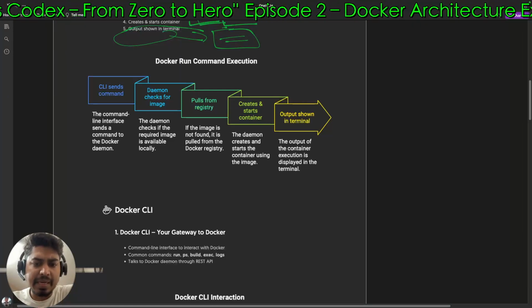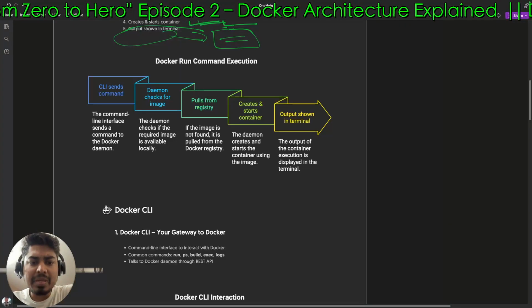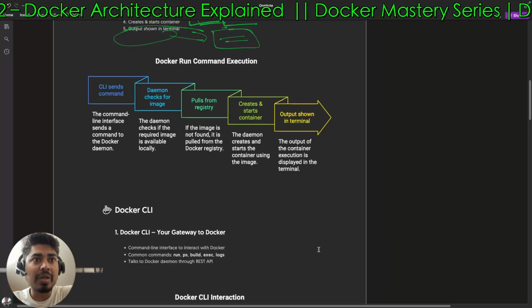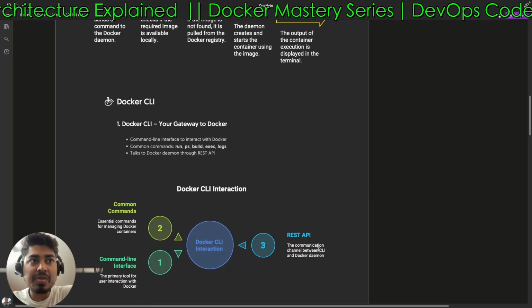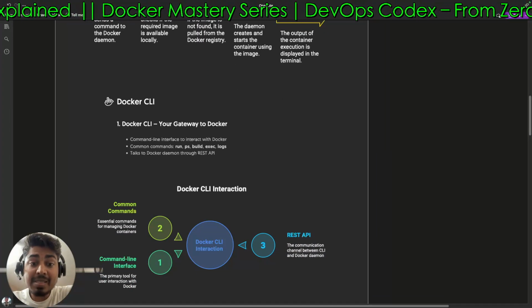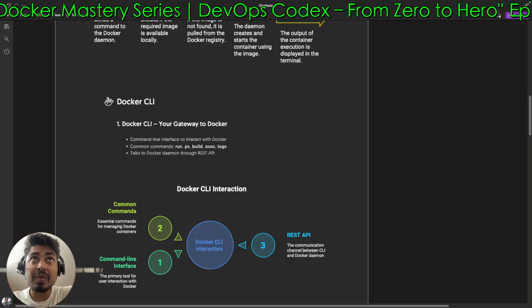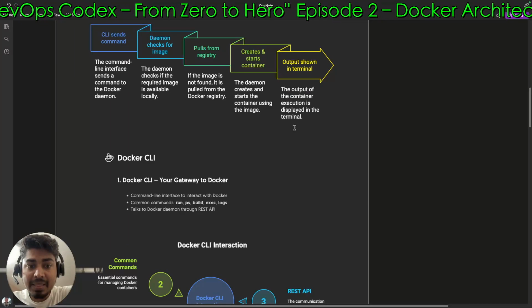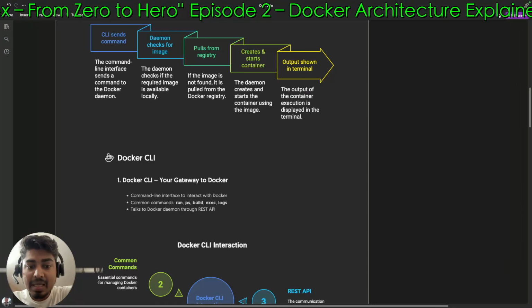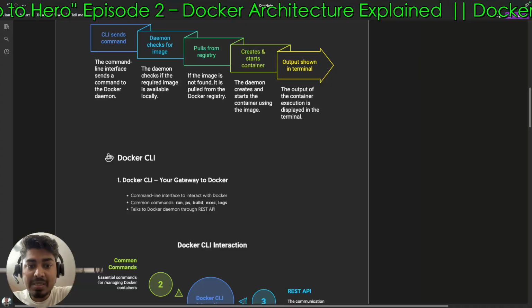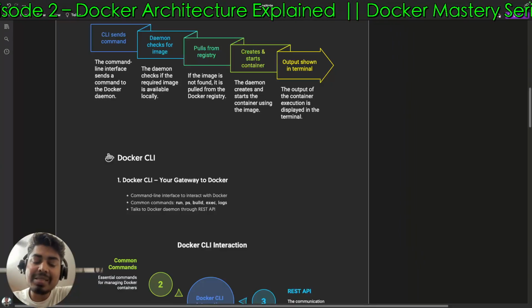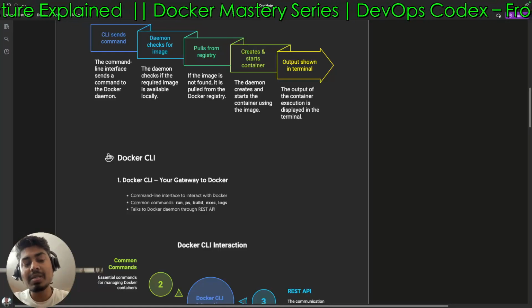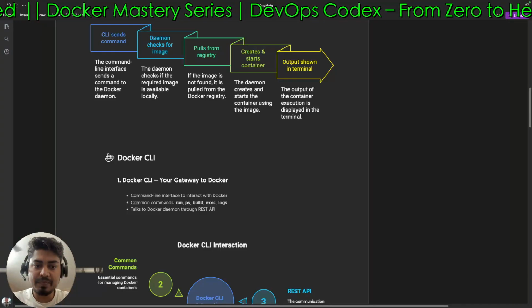Once the image is ready, the Docker daemon creates the container, allocates resources based on the requirements, and sets up the networking. After setting up the networking, it starts and runs the container. This is the process running in the backend.